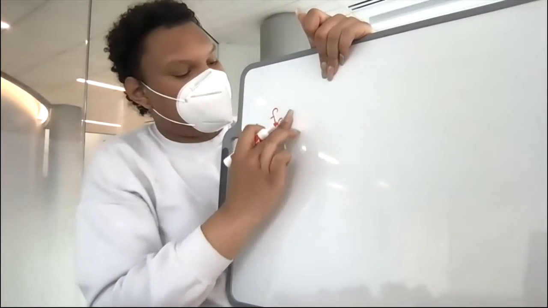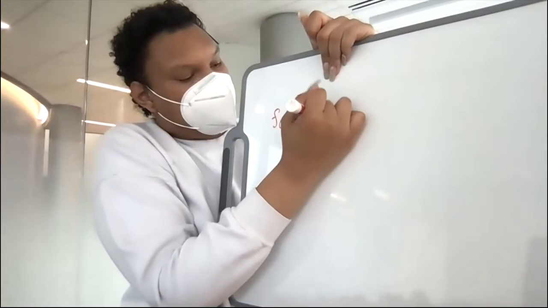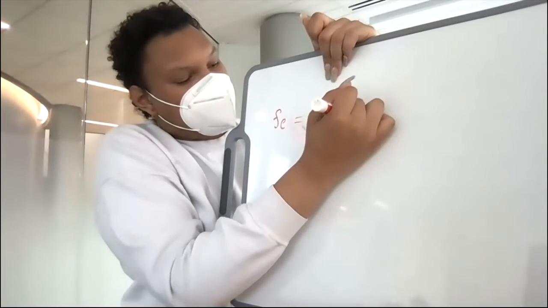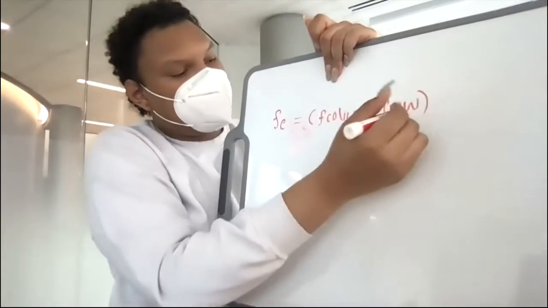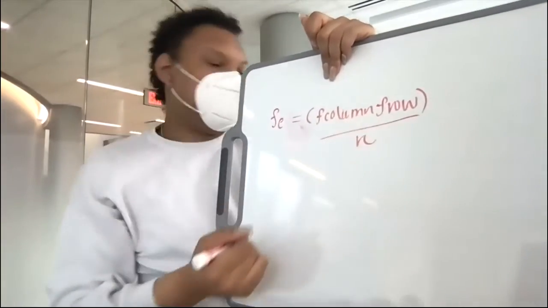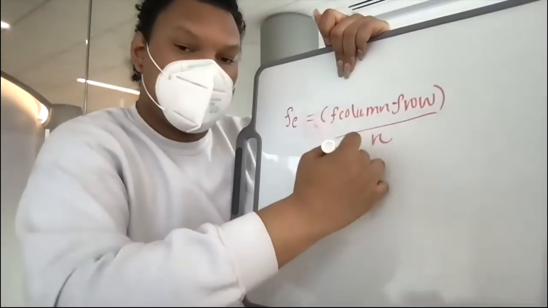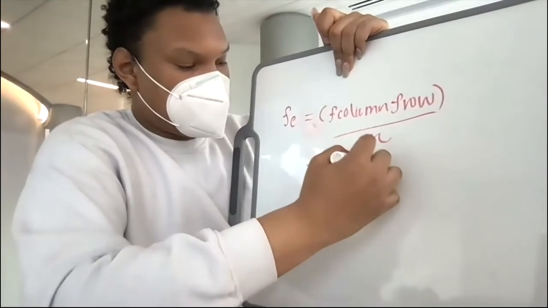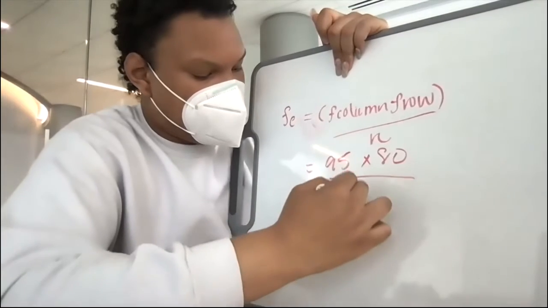f sub e is equal to f of the column times f of the row, all divided by n. Like we said before, the f of our column is 95. Multiply that by 80, and divide that by 160.